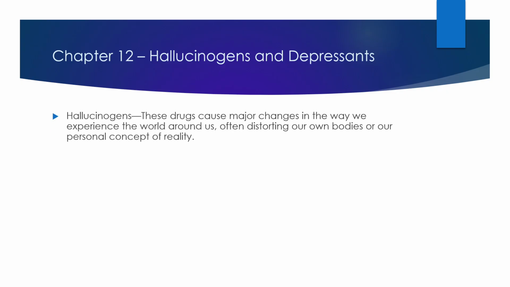Hallucinogens. What we mean by these are drugs that cause major changes in the way we experience the world around us, often distorting our own bodies or our personal concept of reality. So remember that hallucinogens are one of the major categories of drugs, at least as I see it, because I've talked about before how you have drugs that either wind up your system, stimulants, or drugs that slow down your system, depressants, which are talked about in this chapter.